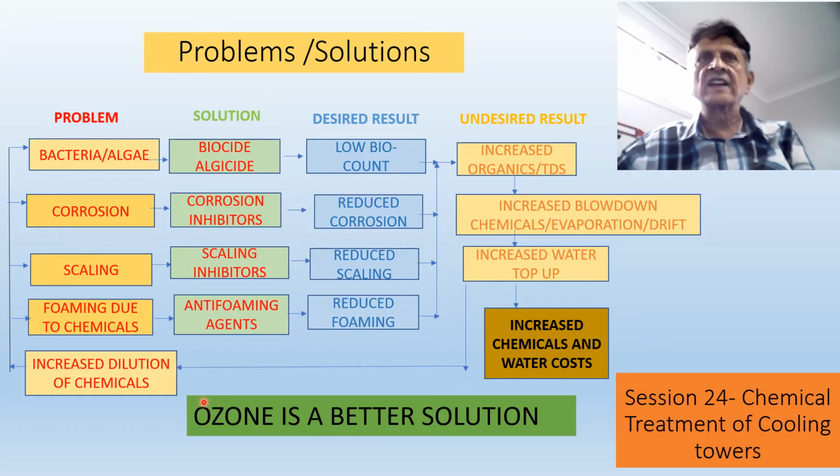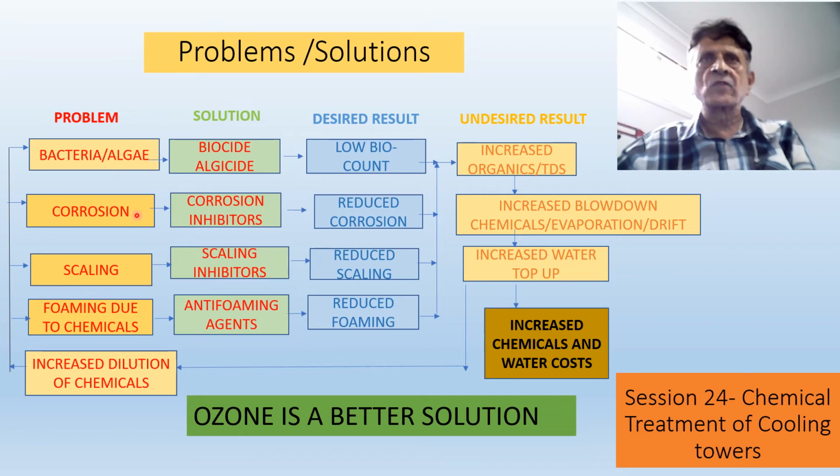This is a chart I have drawn to summarize the problems and the solutions using chemicals as a treating system. You have a problem of bacteria, algae, you add biocide or algicide, you will get a low biocount, but you will increase the TDS and organics.